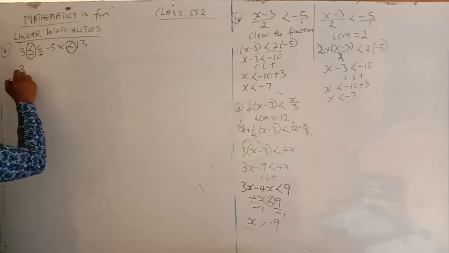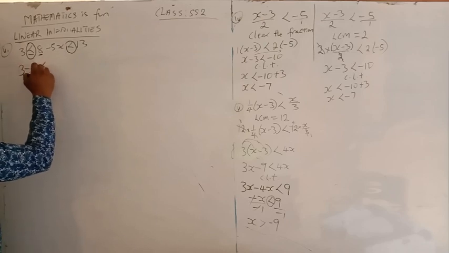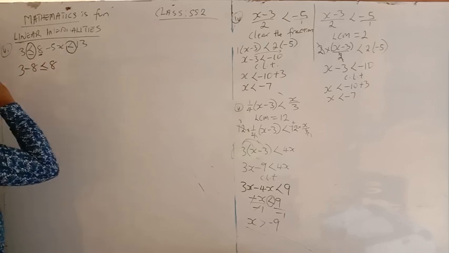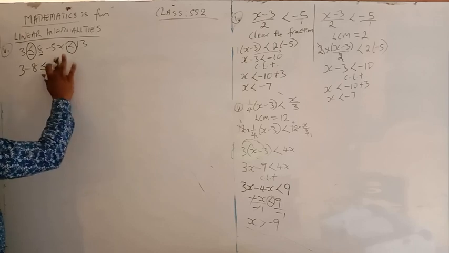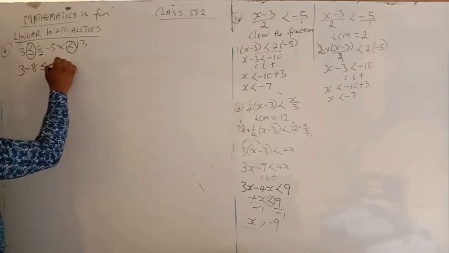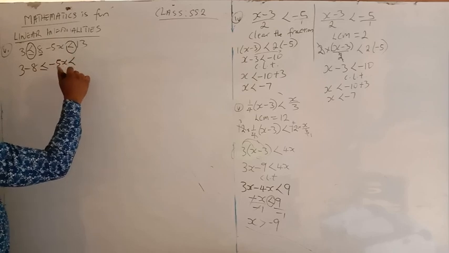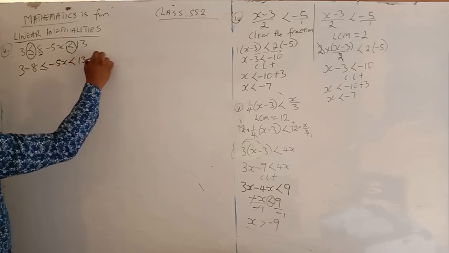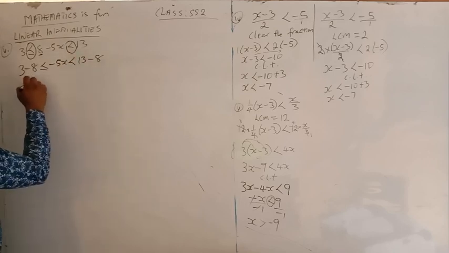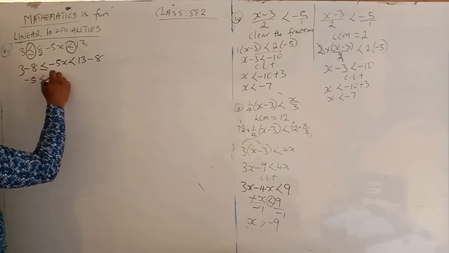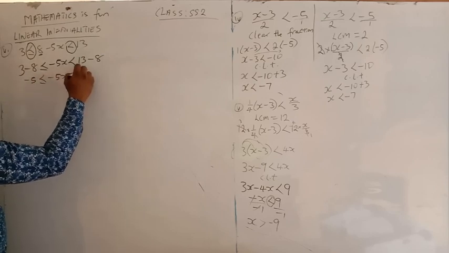Therefore you have 3 minus 8 less than or equal to 8 minus 8 will give us 0 there. So you have minus 5x less than 13 minus 8. So this is minus 5 less than or equal to minus 5x less than 5.